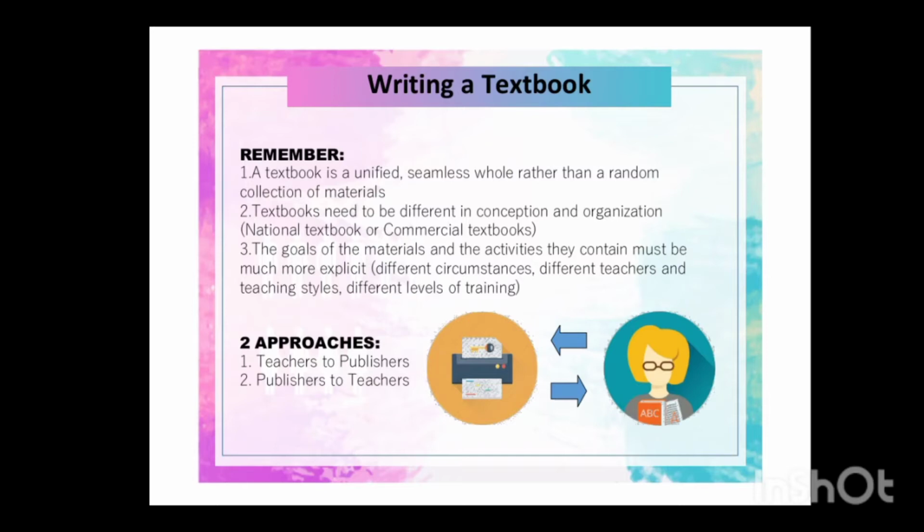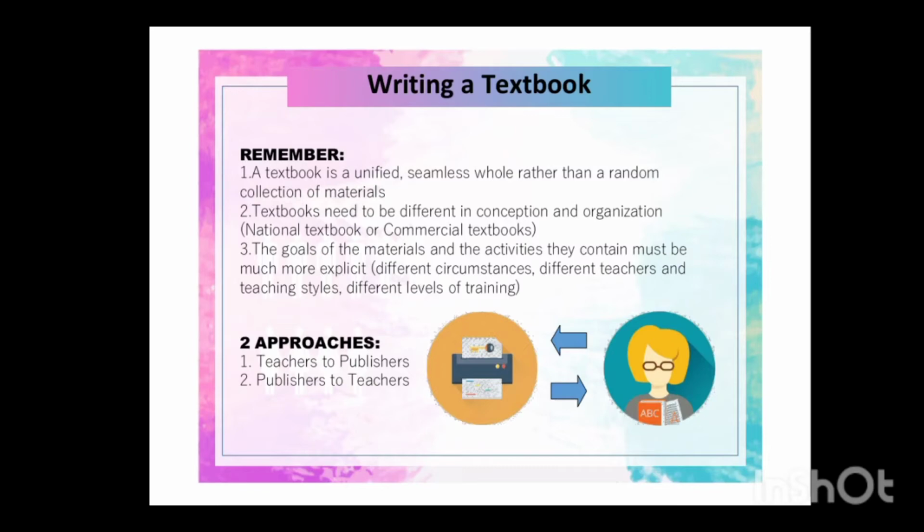As an example, to write a national textbook, usually we have to follow the regulations, guidelines, or objectives from our government. But if we are going to write a commercial textbook, then we have to have a wider perception, because we do not focus on just one country, one school, or one classroom. We have to make it general, so that our textbook can be used by other teachers.